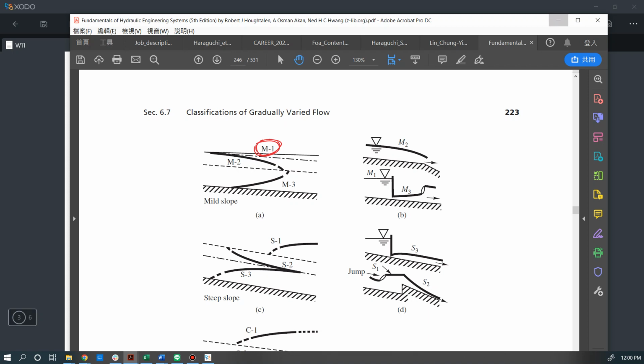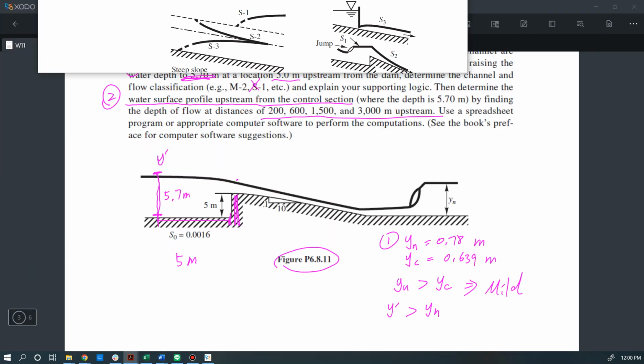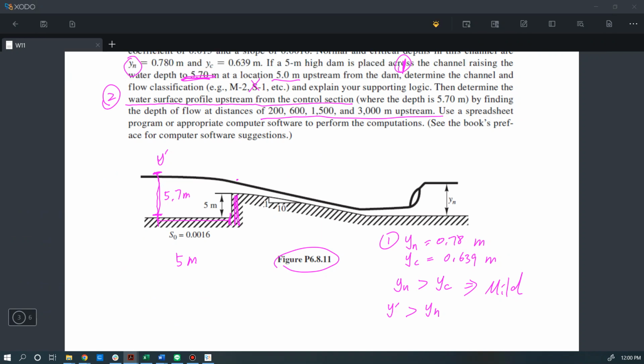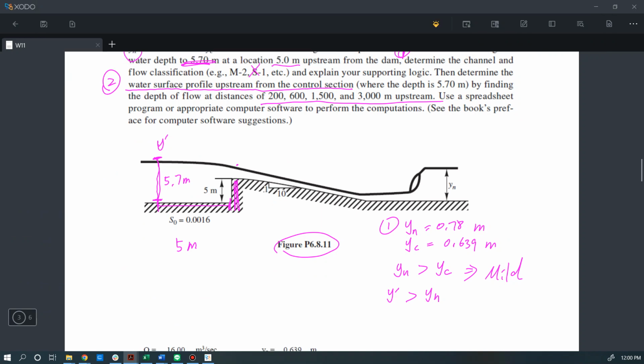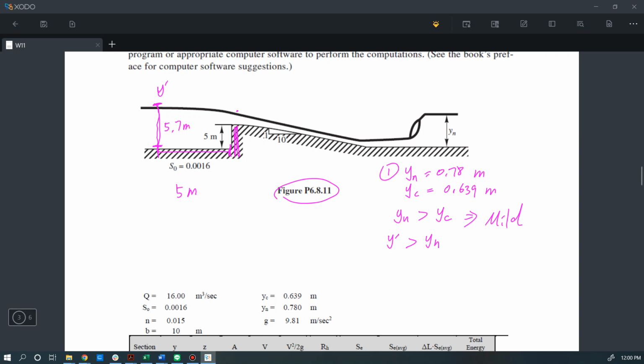So let me move this away and go back to the problem. So now we know that this is M1, and let me draw an illustration here. So this is YC, this is YN, and the flow looks like this.